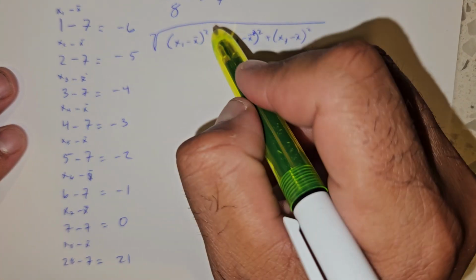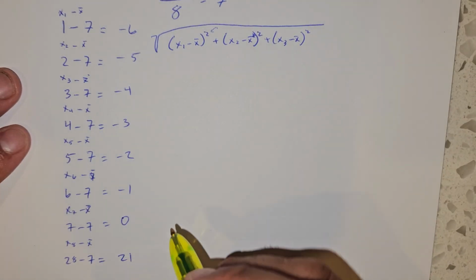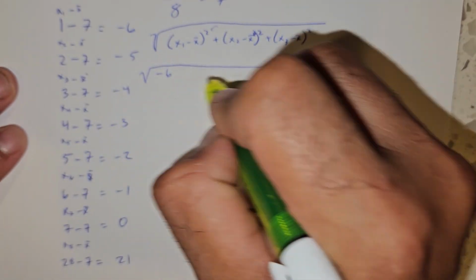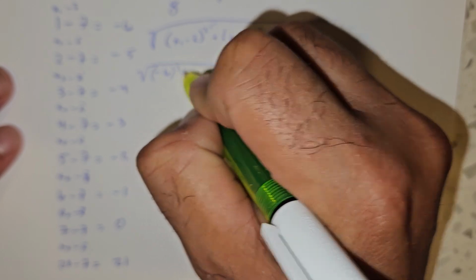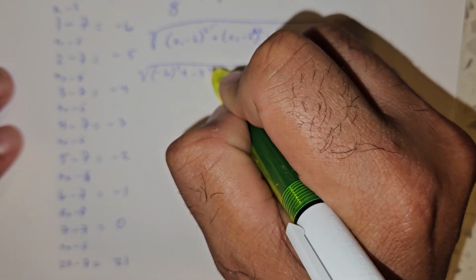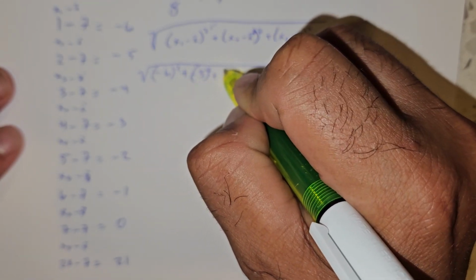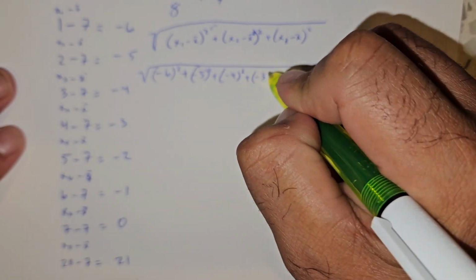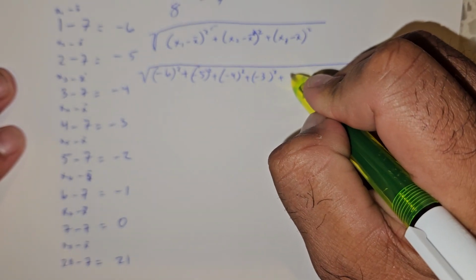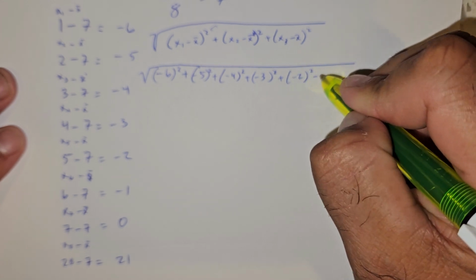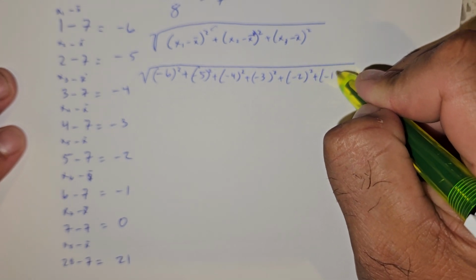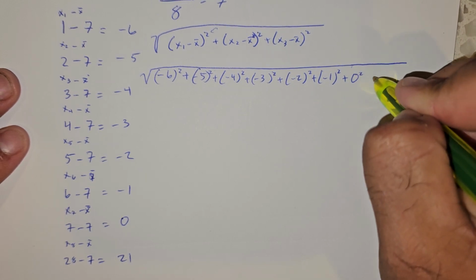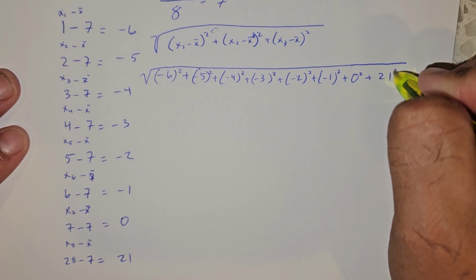All we're going to do now is square each one. So we have the square root of negative 6 squared plus negative 5 squared plus negative 4 squared plus negative 3 squared plus negative 2 squared plus negative 1 squared plus 0 squared, and then plus 21 squared.